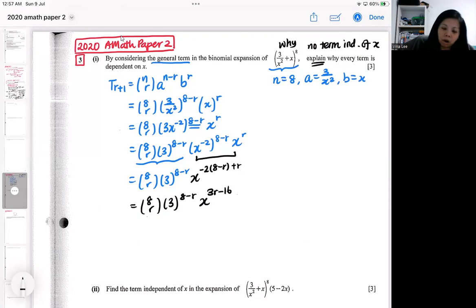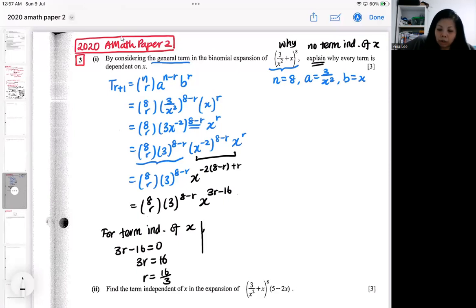I'm going to explain about the term independent of x first. For the term independent of x, that means if I want a constant term, my power will be 0.